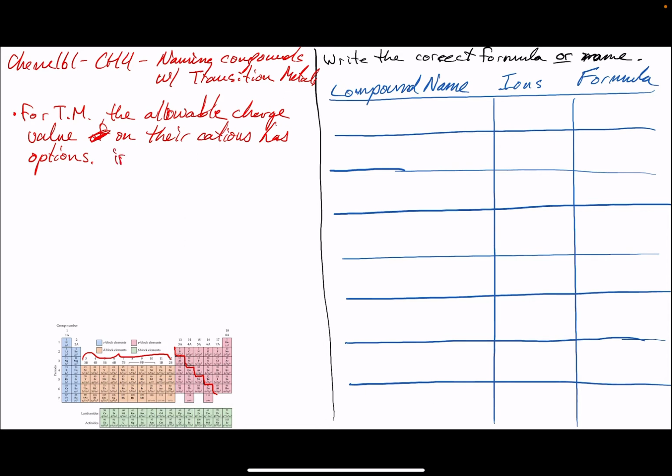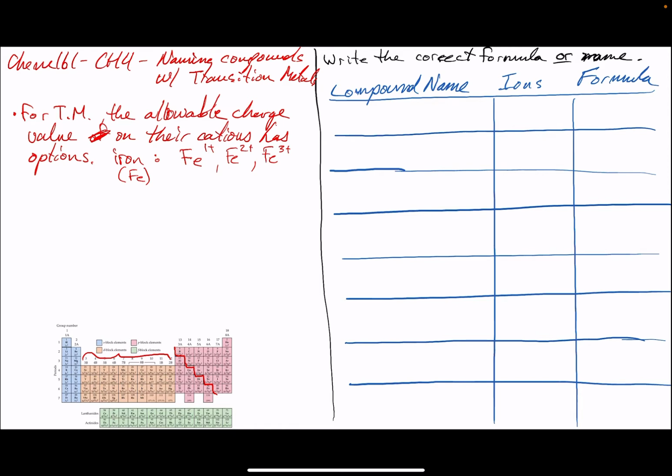Okay, so to show you an example of this, consider the cations expected for iron, Fe. We see through experiment and analysis of other compounds that iron can be 1+, 2+, and sometimes even 3+ in charge.